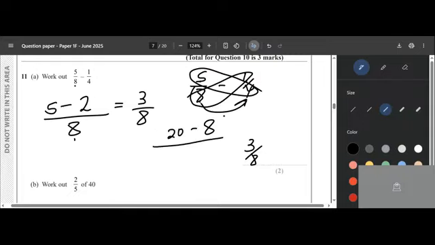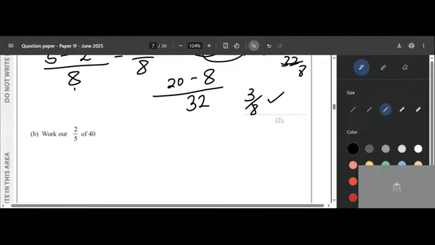Then at the bottom we have 8 times 4, quickly, that's 32. So if you subtract 8 from 20, we will have 12 over 32. Then again, now you have to simplify that. 4 will go into 12 three times and 4 will go into 32 eight times. You still get the same answer.